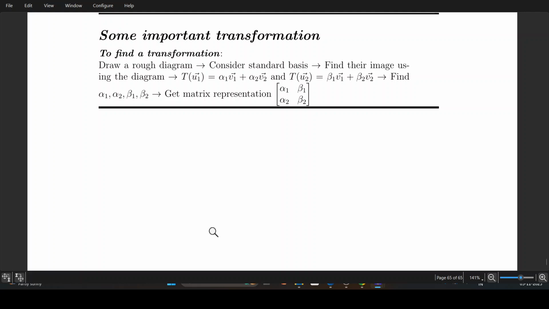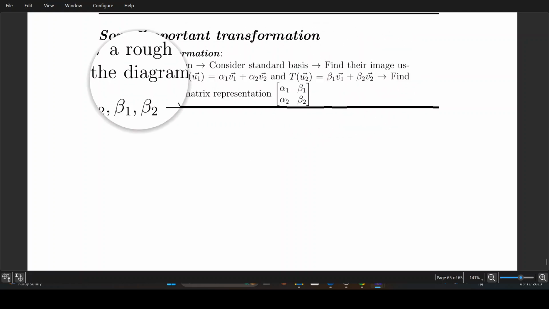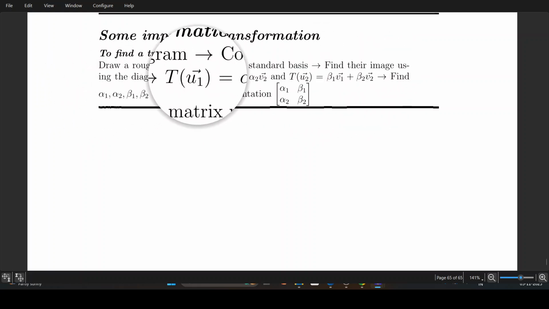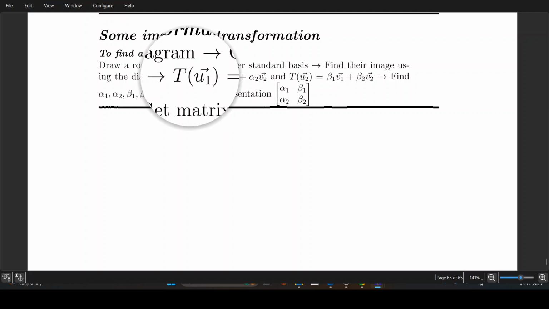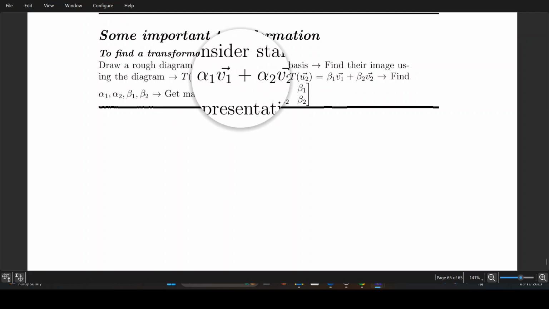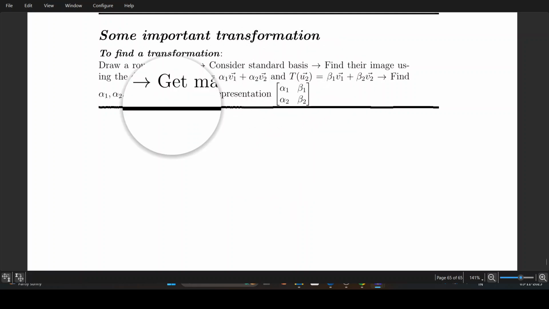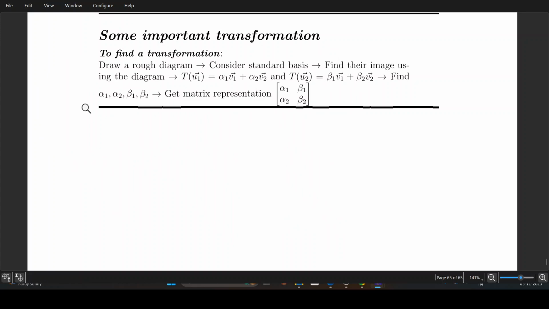Then find their images. I feel like I have discussed this before, but still. So find their images using the diagram, then represent the images in terms of the standard basis elements, find the constants, and get the matrix representation. So that is how you find any given transformation.